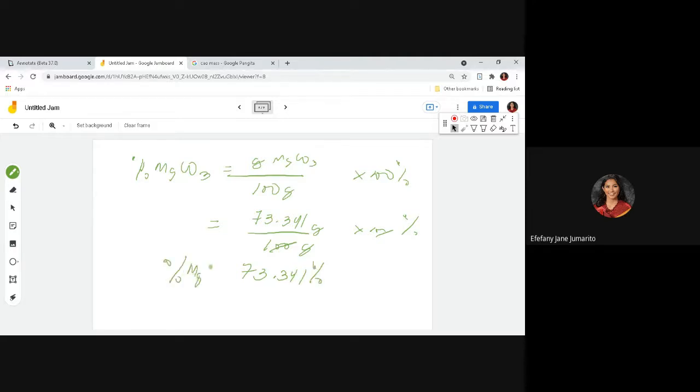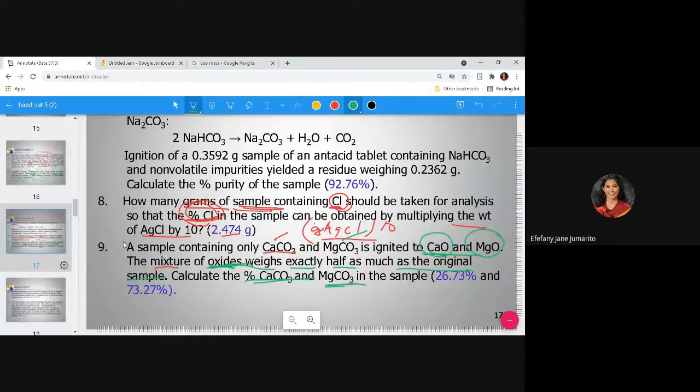So MgCO3 is equal to this one. Now let's go back to check if we are correct. But the same thing, you redo the calculation so that you will get this one. Okay? We have that one.